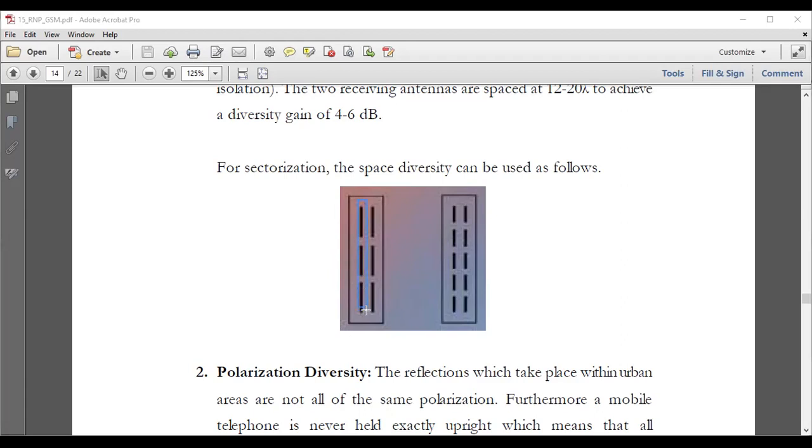See, these three form one antenna array for reception. And then at some distance you have another antenna. The antenna has three elements in its array. And you have these two to implement the receive diversity.